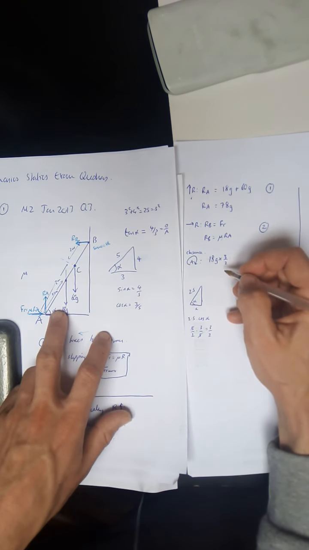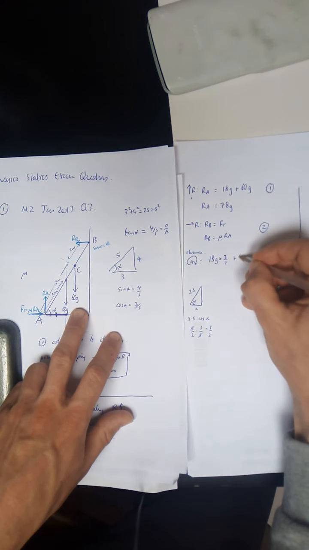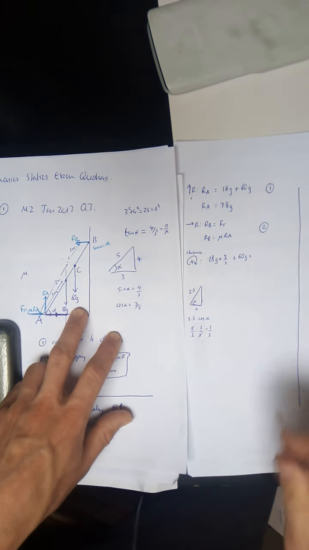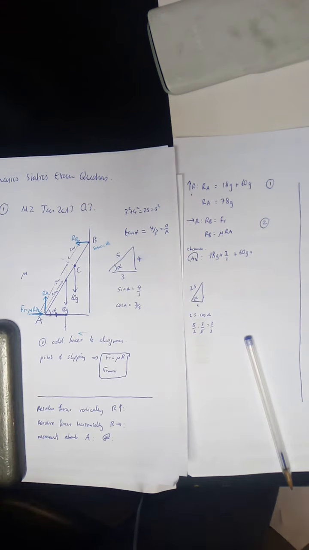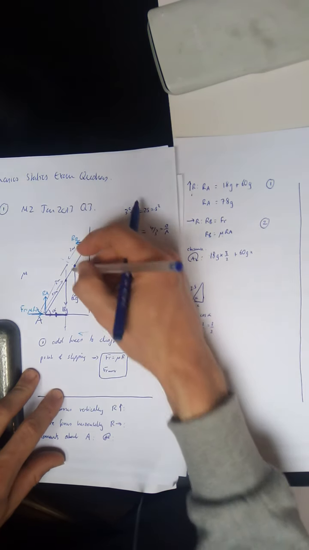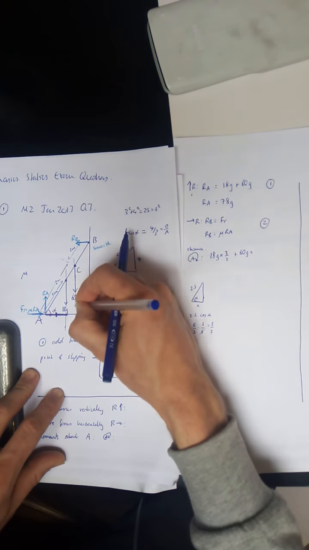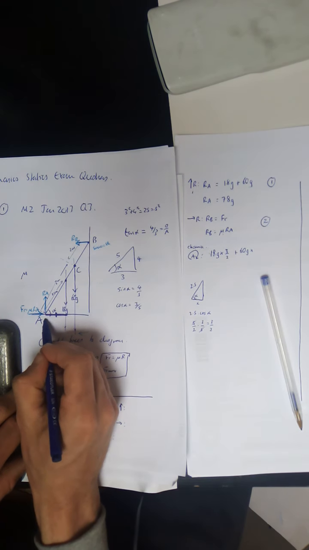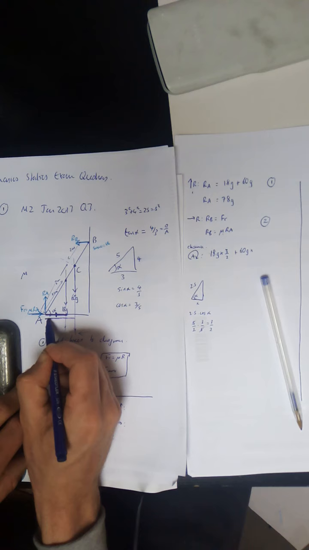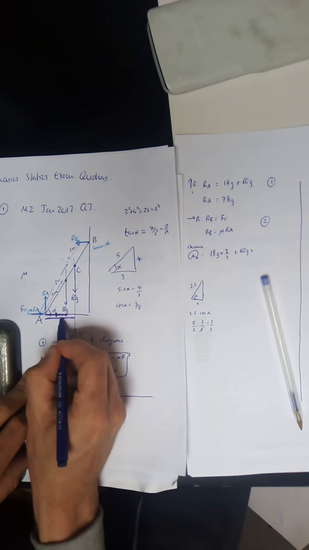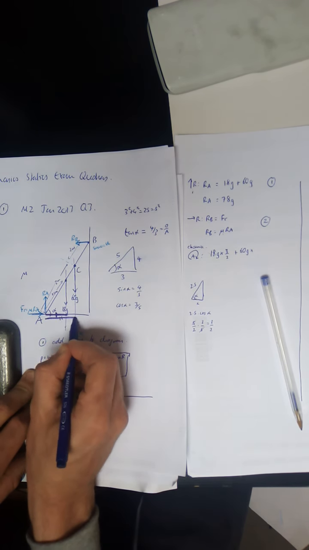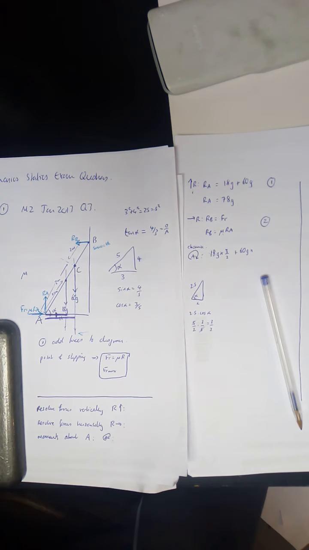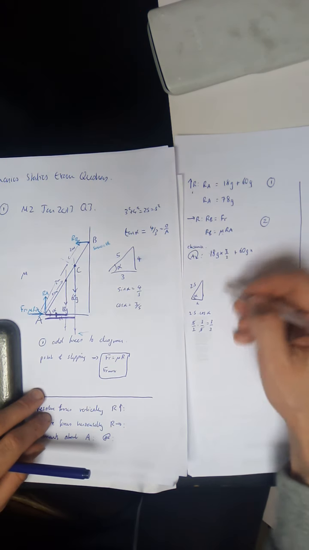Now, what about the 60g? So plus 60g times by, now for 60g, that is the line of the force, and the pivot is here. So we want this distance here. I'm going to put 2 lines on that to make it a bit clearer. How can we get that distance there?